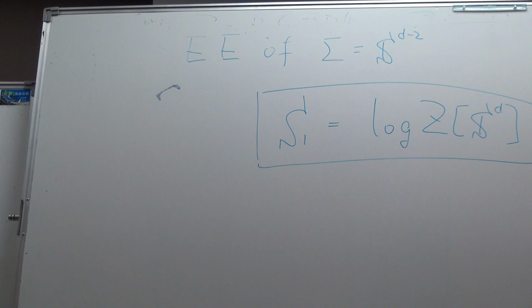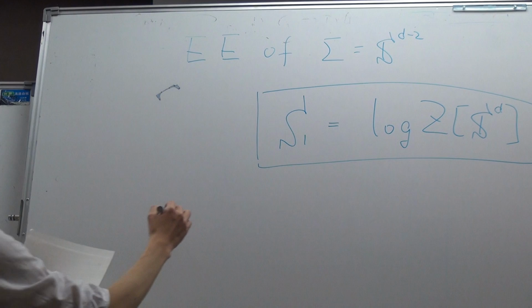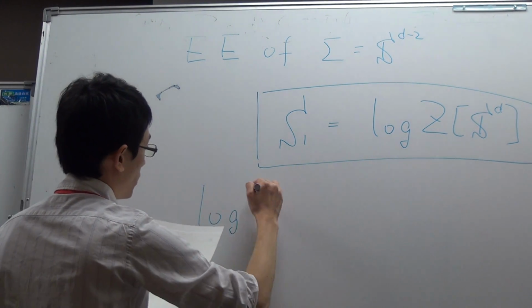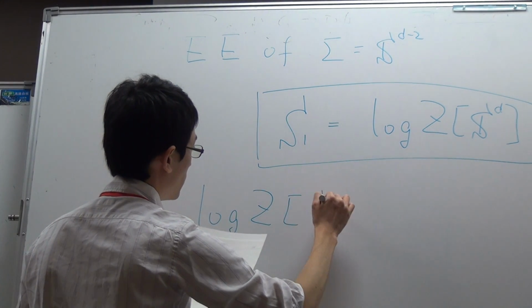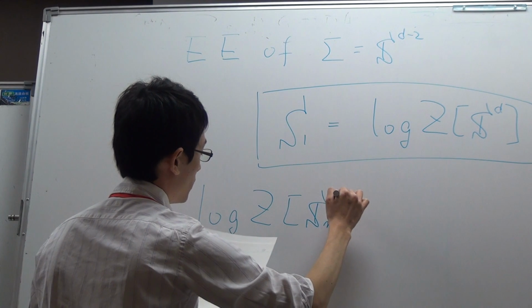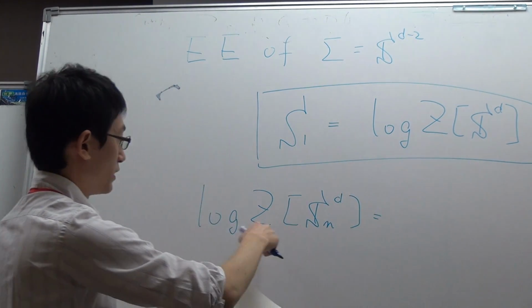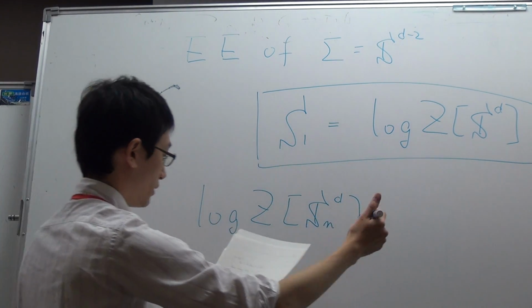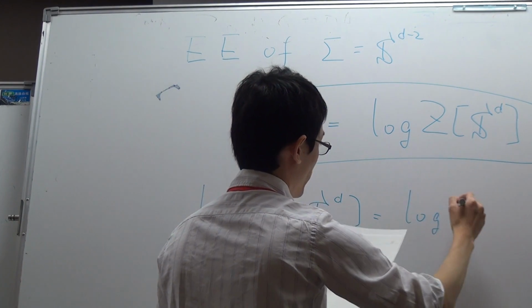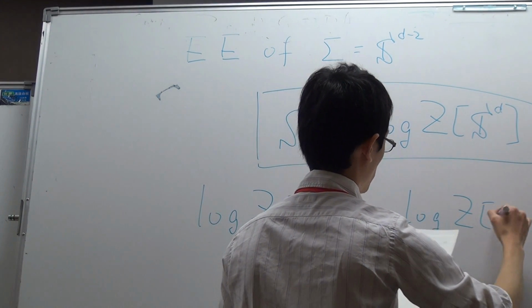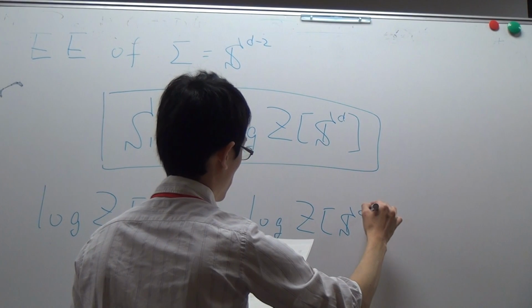Okay, I take the n goes to 1 limit here, and I expand the partition function on the n-covering space. If we expand this partition function around n equal to 1, it should start with log of the partition function on the usual sphere.